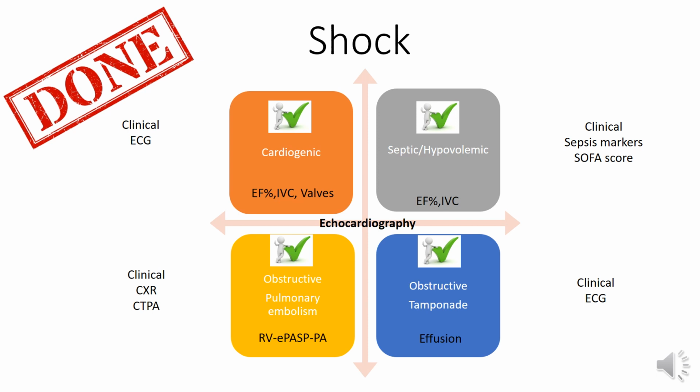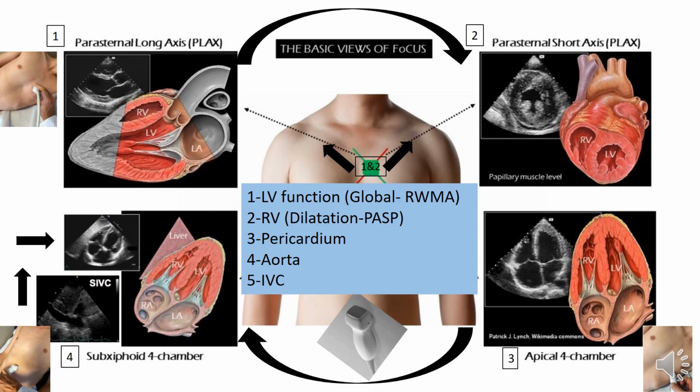If we found a dilated RV with markedly elevated pressure but below 60, or myocardial signs, this goes with obstructive causes like pulmonary embolism. And if we just put the probe and found RV diastolic collapse, this might give a clue about tamponade.